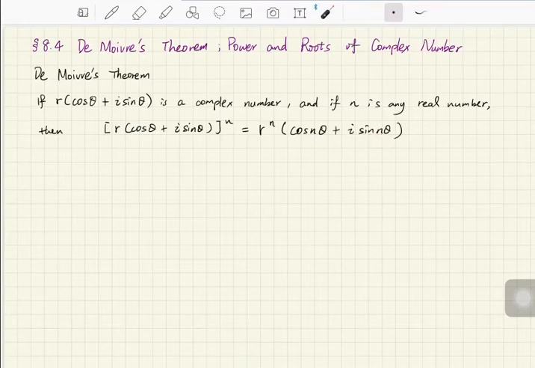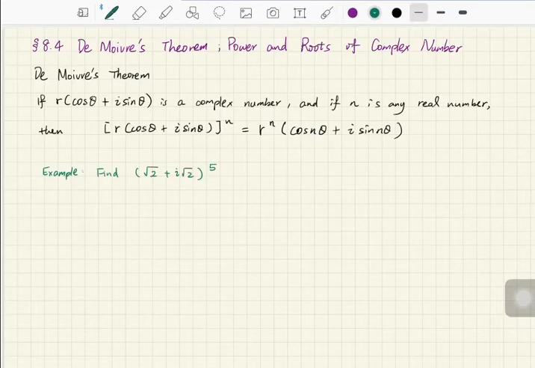So we're going to do one example by using the theorem. I want to find square root of 2 plus i square root of 2 to the fifth power.